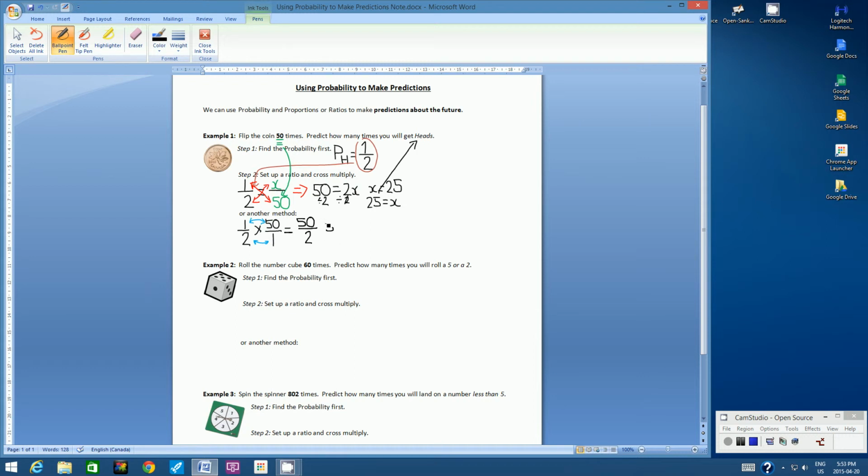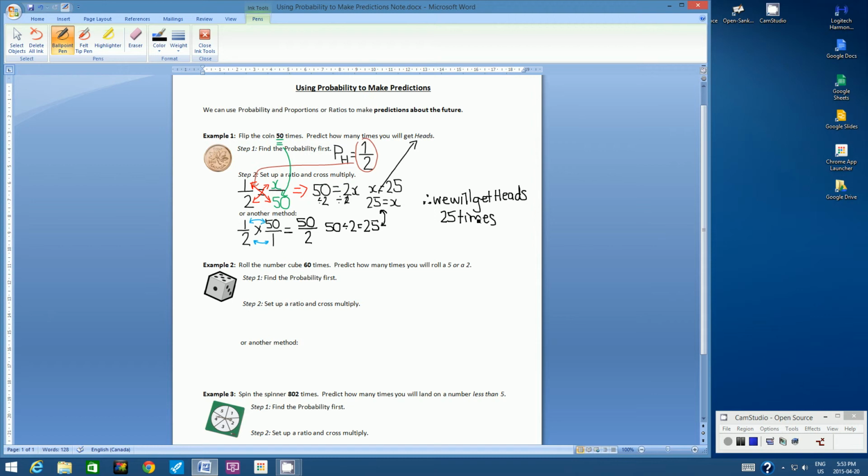And what this means is 50 divided by 2, which is 25. This answer and this answer should be the same because we're essentially doing the same thing. So therefore, we will get heads 25 times.